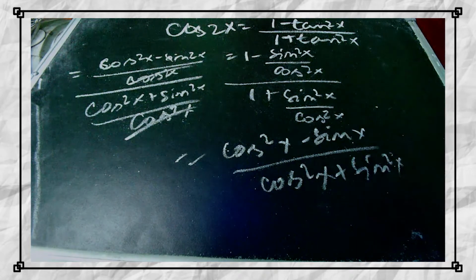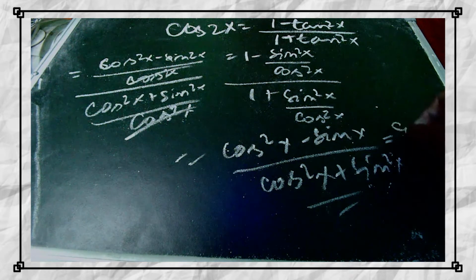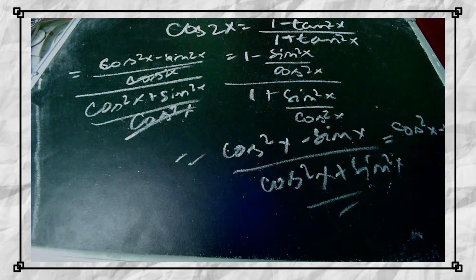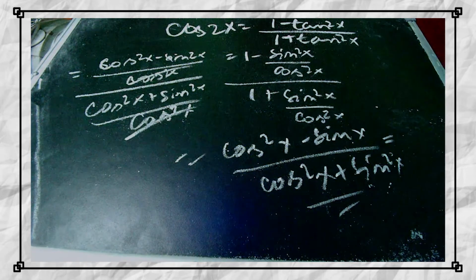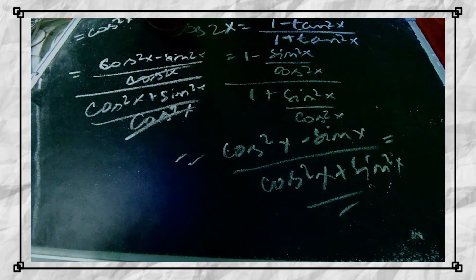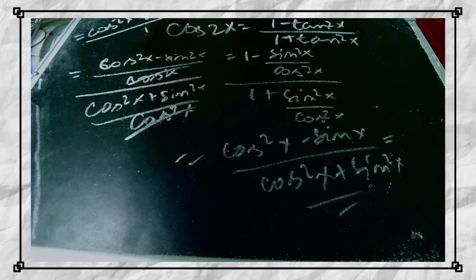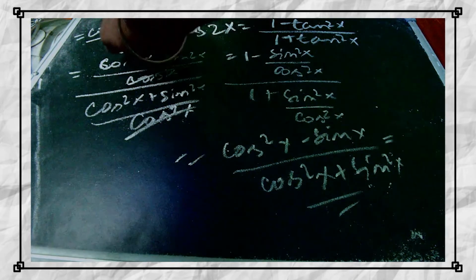So cos square x plus sin square x is equal to 1, so this will be cos square x minus sin square x whole divided by 1, and cos square x minus sin square x is equal to cos of 2x.